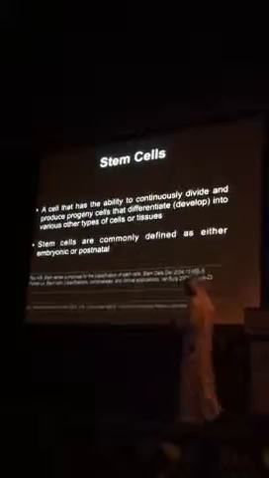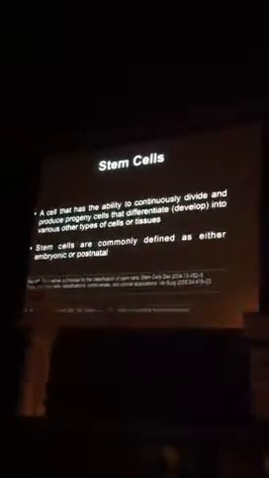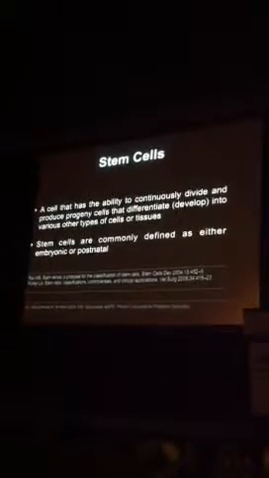I guess the difference is if it's embryonic, you take it from the embryo or the umbilical cord. And if it's postnatal, it's taken any time after that. And one difference that is very important to note is that with embryonic stem cells, you have something called plasticity. Plasticity is higher in embryonic when compared with postnatal.